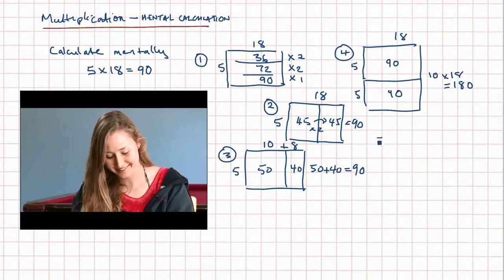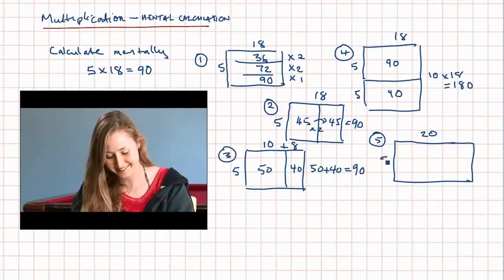Finally, one of the students at least said, well, 18, that's nearly 20. So what I do is think of this as 20 to start with. So let's make it slightly longer here. So we've got 20 here.